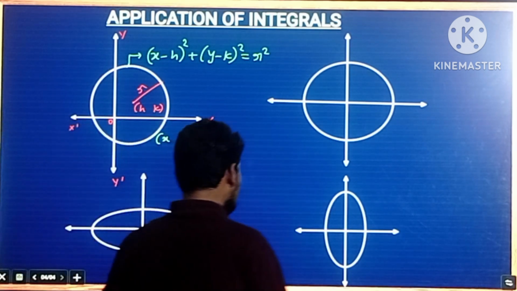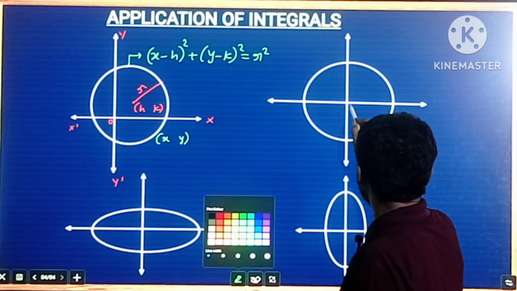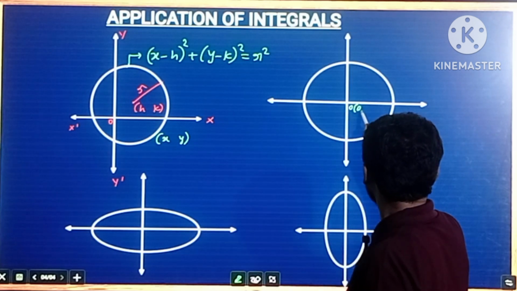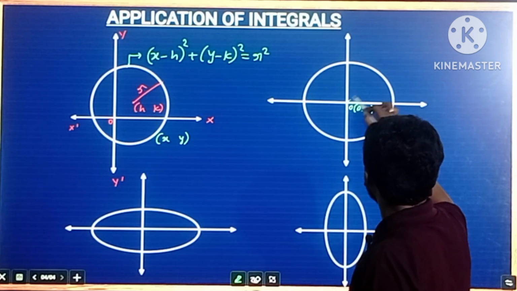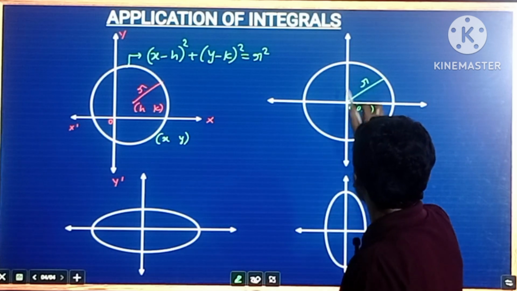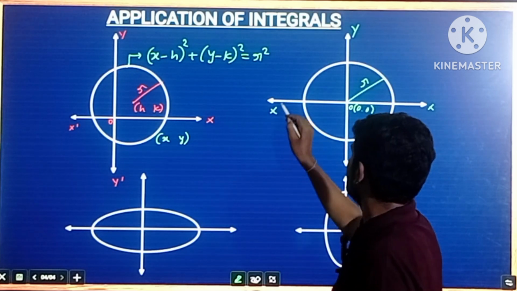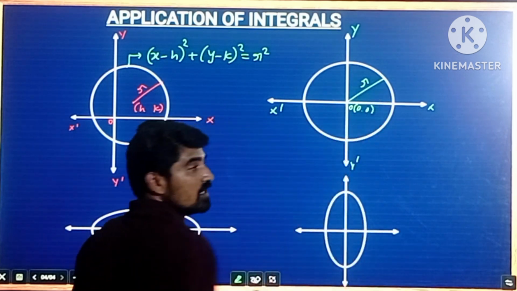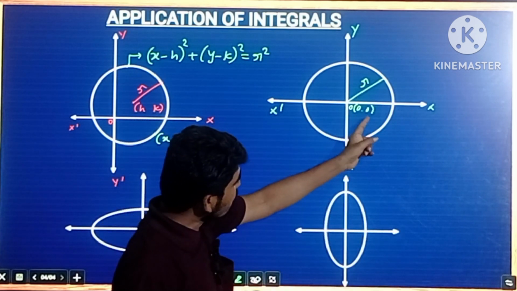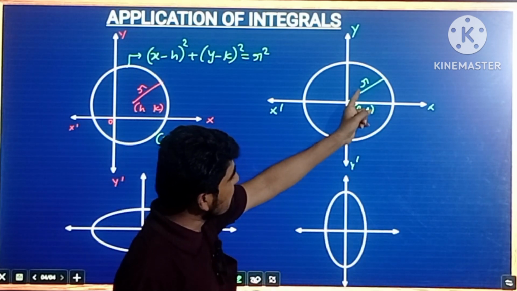And the second one is a circle with center at the origin and radius r. Here the center is the origin and the radius is r.